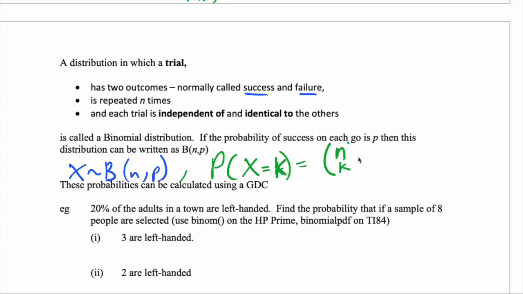So n choose k times probability of success to the power of k times failure, which is 1 minus p, to the power of n minus k. Okay, so this is the formula, which is actually not in your formula booklet.